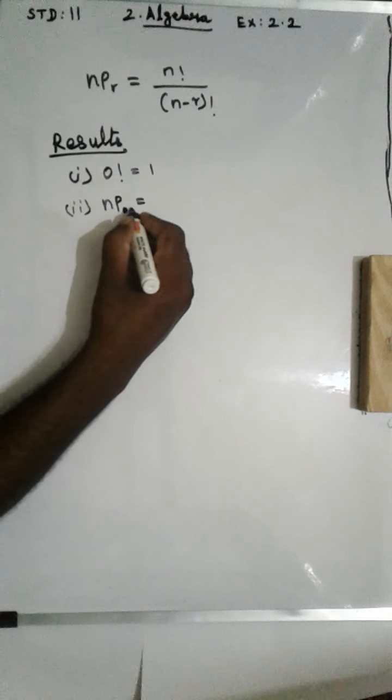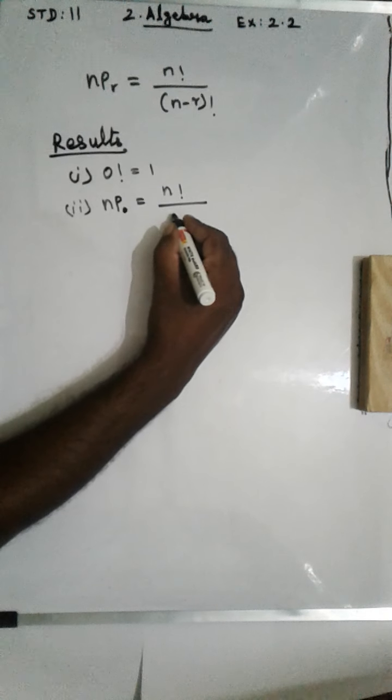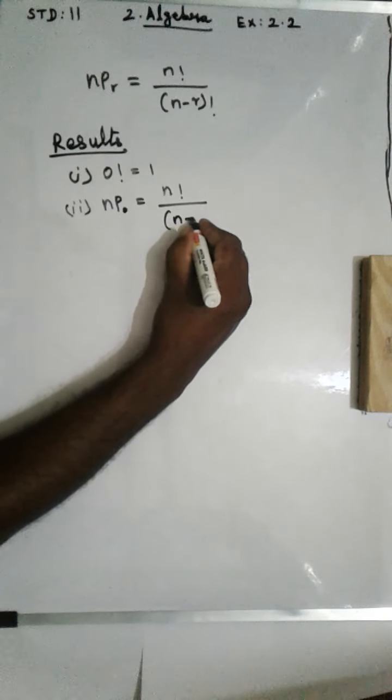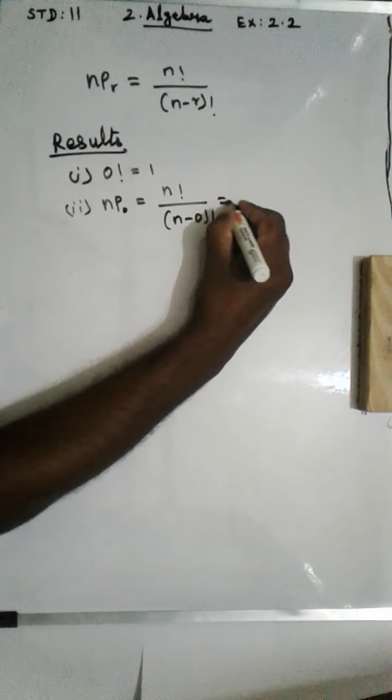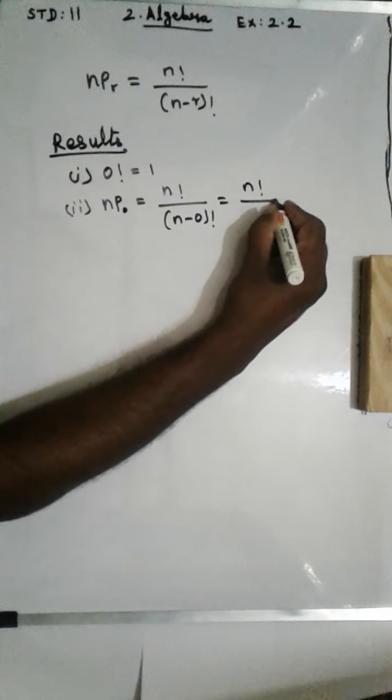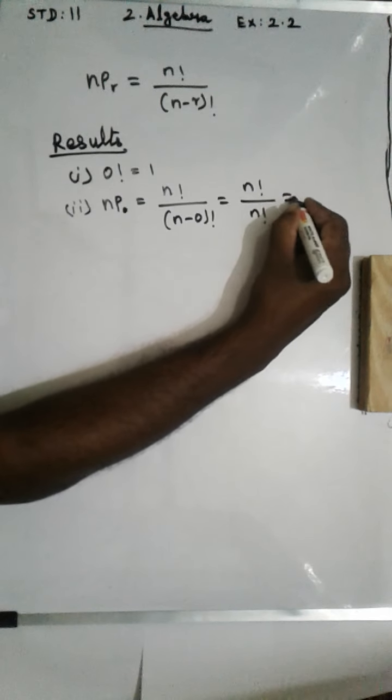For nP0, r is 0, so n factorial divided by (n minus 0) factorial, which is n factorial divided by n factorial. So n factorial cancels, and its value is 1.